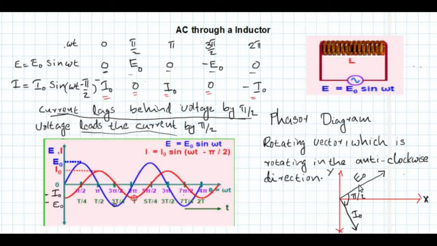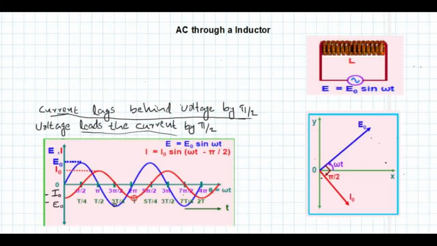Now actually both are rotating. E0 and I0 are rotating in the anti-clockwise direction, but always a phase difference of pi by 2 will be present between E0 and I0. So this is a technique that we are employing to show the variation of EMF and current in the case of an inductor. So this is the neat diagram representing the variation.